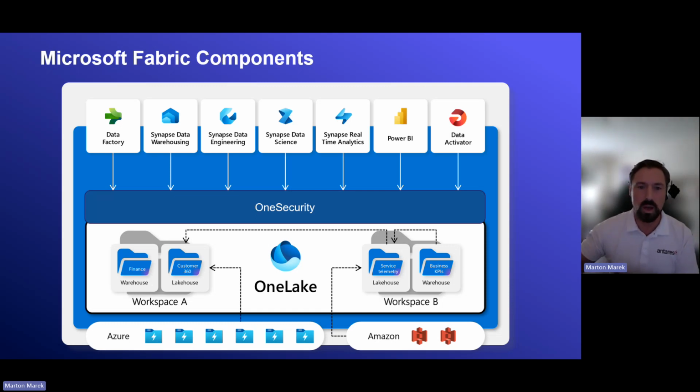You can provide shortcuts to those assets and then use them as if they were part of that OneLake instance, right? So we can really quickly unify all of our data assets and then begin to build reports on top of them. And of course, all of this is overlaid with what's called One Security. Again, we'll talk about that a little bit later on.